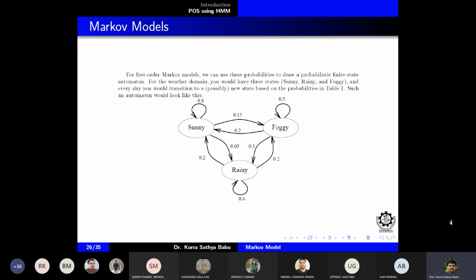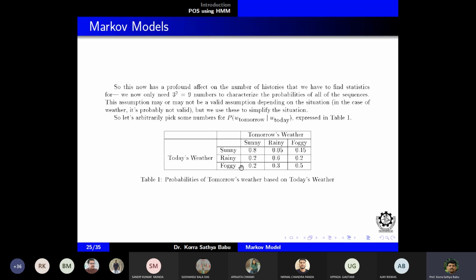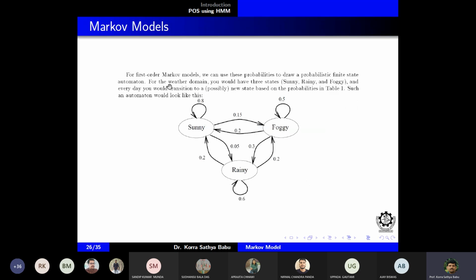That is what we are showing here: one is the sunny state, one is the foggy state, another is the rainy state. Every day you would transit from one state to another, or possibly stay in the same state, which may also happen. So the table we have shown can be modeled with this finite state diagram.